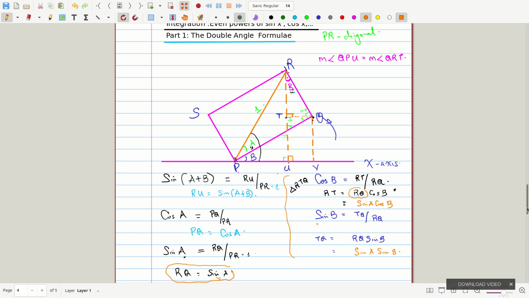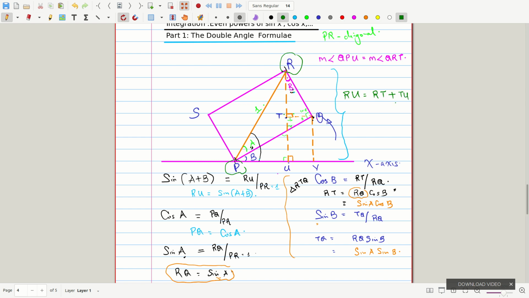Ideally, maybe someone would ask where are we going? In this first part, we simply want to find the height of R above P, which is equivalent to RU, which is given by the sum of the distance R to T plus TU.